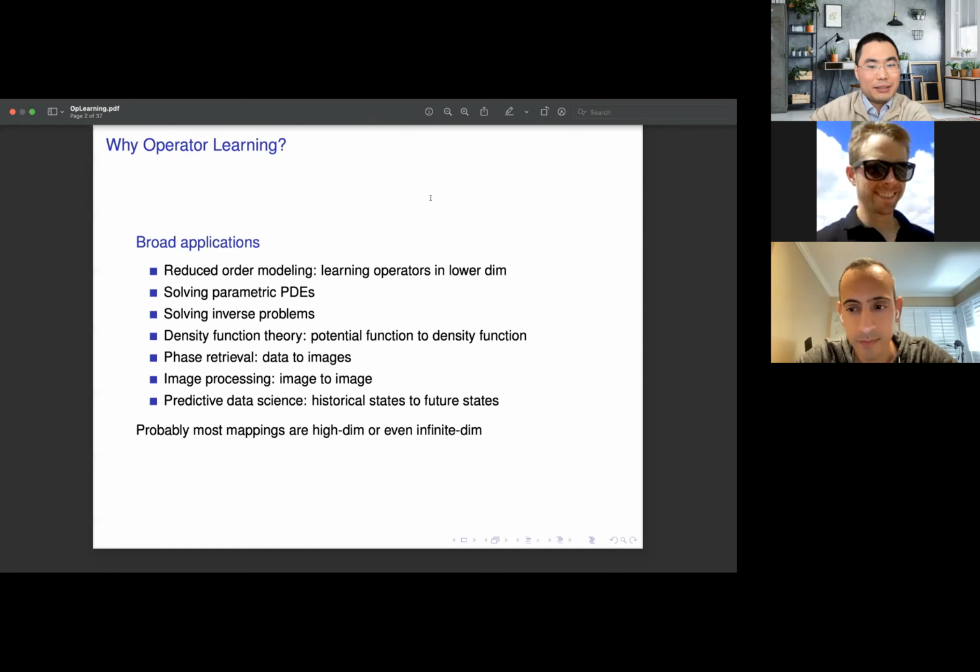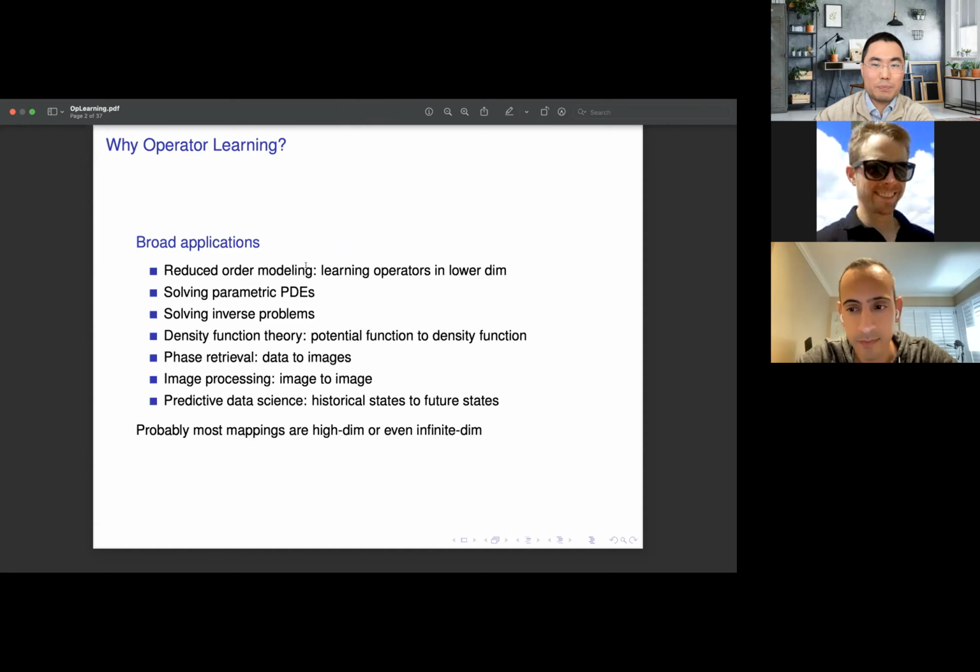Why operator learning in scientific computing? Because in many problems in scientific computing, we want to learn some mathematical operator between some function spaces. For example, in reduced order modeling, we typically have a high-dimensional system, which is very expensive to solve.